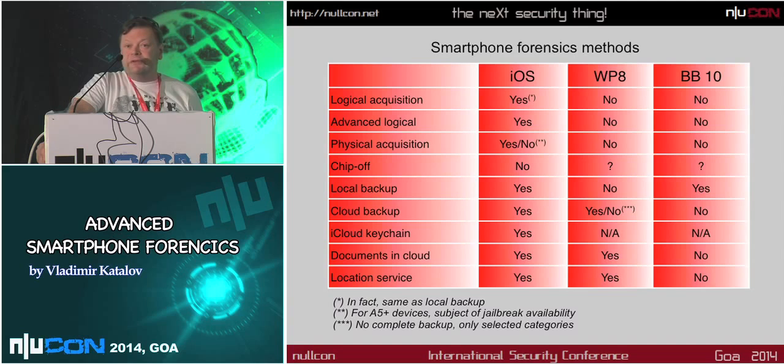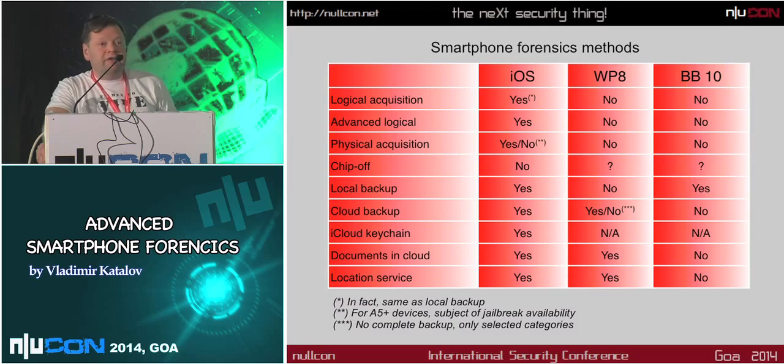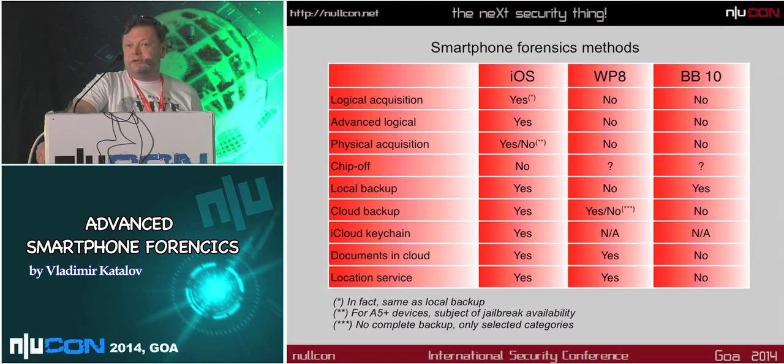And also, there is a feature introduced in iOS 7 called iCloud Keychain, which allows you to upload some private information, like passwords to websites, autofill information, and even credit card numbers. There's special storage in the iCloud. It is additionally protected by a special security code and sometimes with 2-factor authentication. But still, the information is there, and sometimes it is possible to extract it.